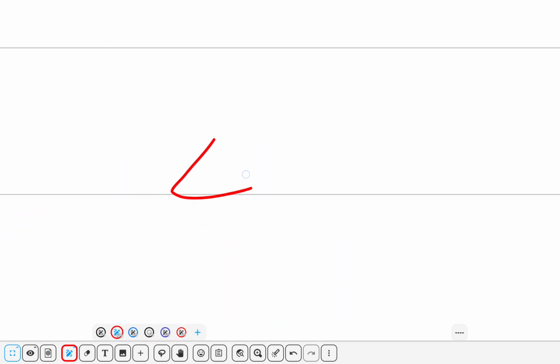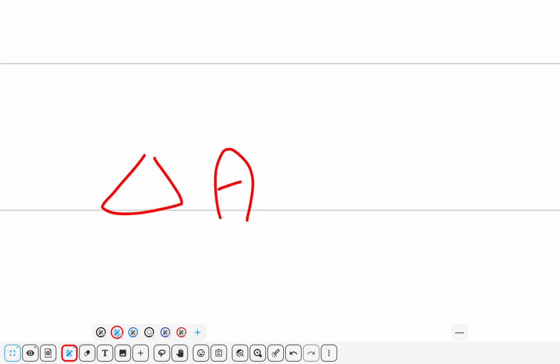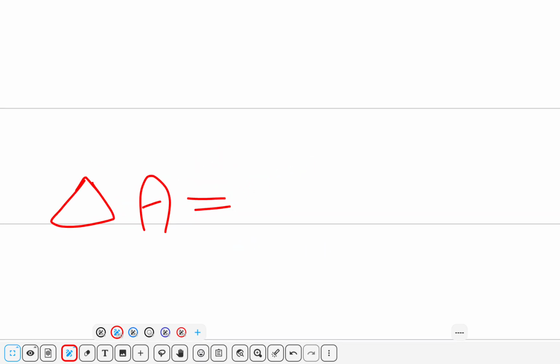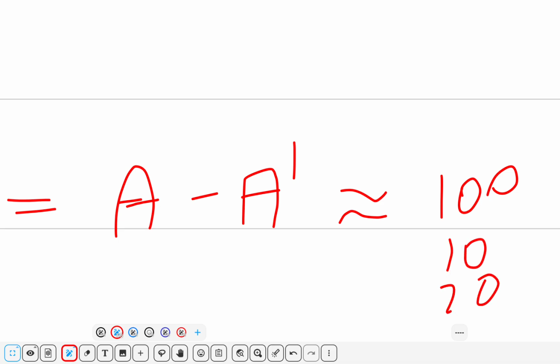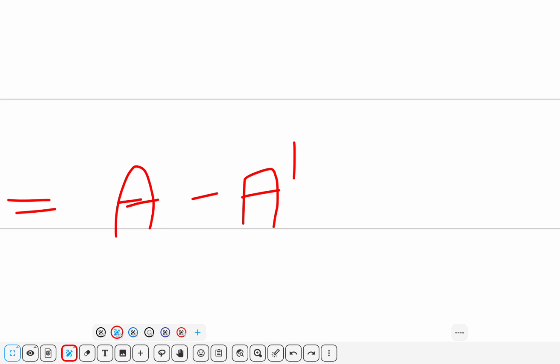If I take the difference between these actions, A minus A dash, and this gives some countable, finite value, like let's say 100 or 10 or 20, then I can't say there is any kind of symmetry.